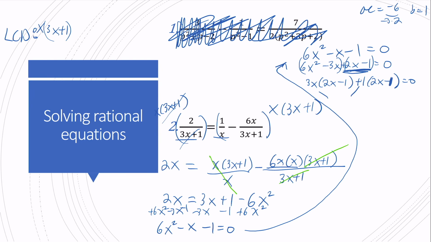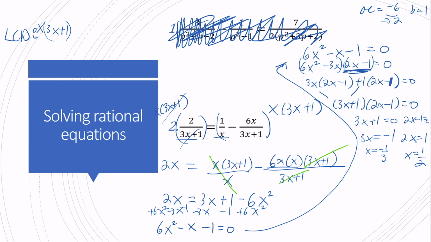I collect my greatest common factors and what they left behind, and I set each of my terms equal to 0 to find my solutions. I get 3x is negative 1, so x is negative 1/3. And I get 2x is positive 1, so x is 1/2.